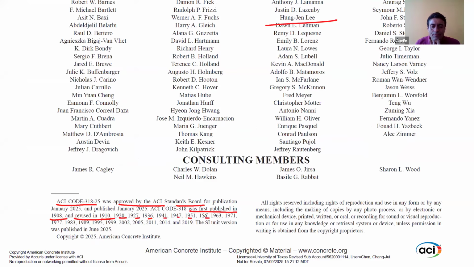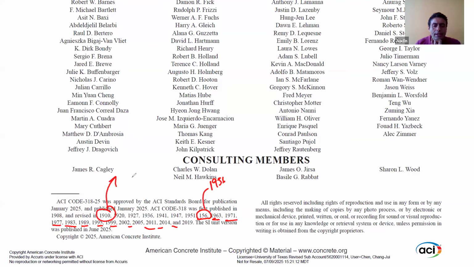Is it clear? I think there is a misprint over here. It should not be 156, it should be 1956. So just make this correction. It cannot be 156 over here. This has to be 1956. So these are the different years in which the ACI code was published. It has a very long history. The first credible code, I would say, was published in 1910, and from 1910 to 2025, almost a 115-year-long history of the 318.